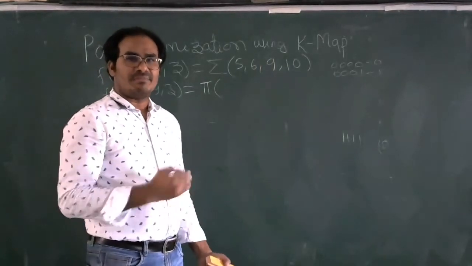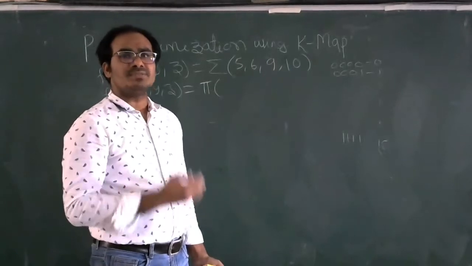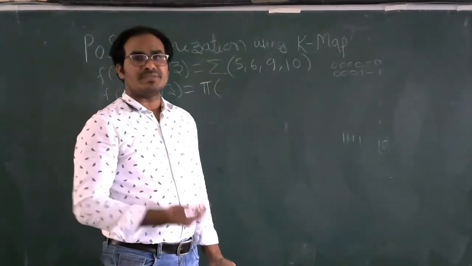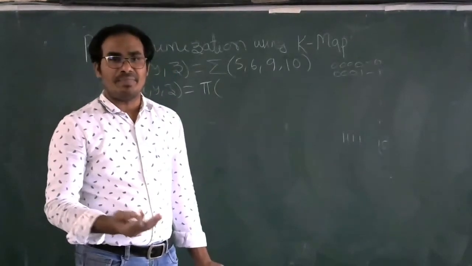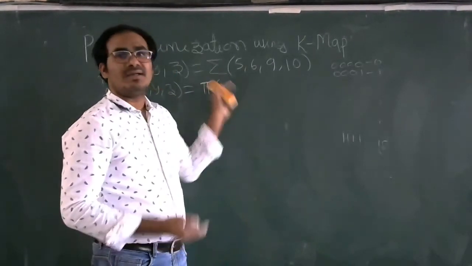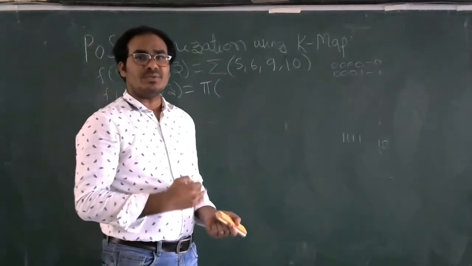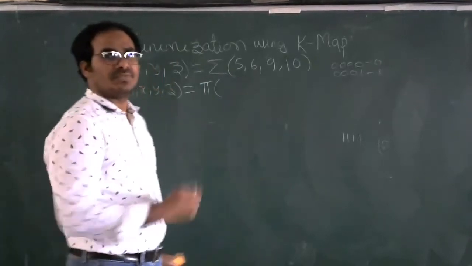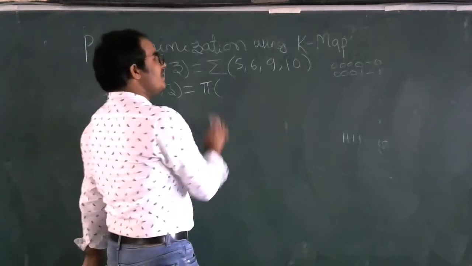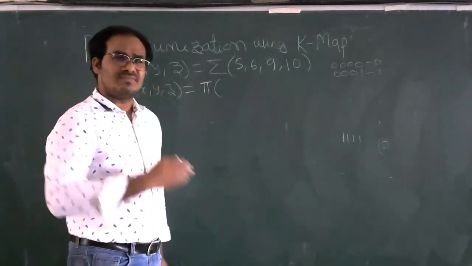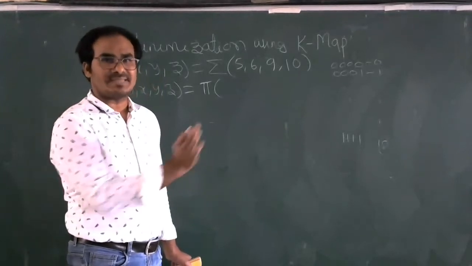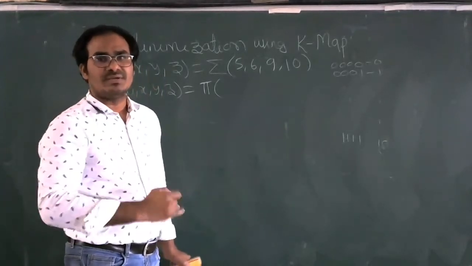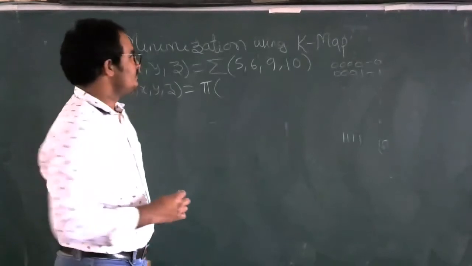Whenever a problem is given to minimize using the POS minimization, or to obtain the minimal POS form, and the question is given as sigma, then first you need to convert into product of maxterms form. That I am doing in the first step. If in some questions maxterms are directly given, you need not convert, this step is eliminated and directly we can start drawing the K-map.